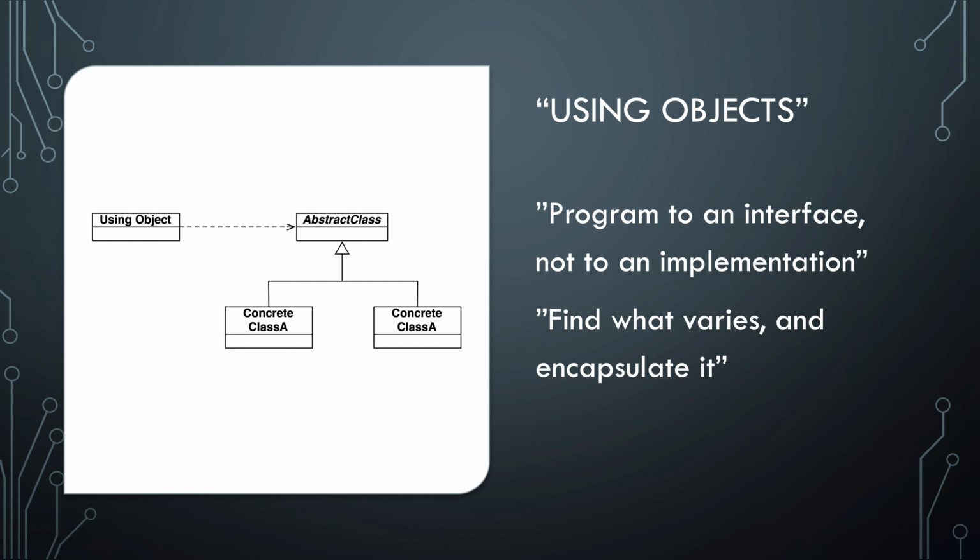There are already design patterns for using an object. Program to an interface, not an implementation, means that you should introduce an abstract class. This abstract class encapsulates any variations in the objects that you use. As a result, the object using the implementations via that abstract class doesn't need to know anything about the actual implementations.